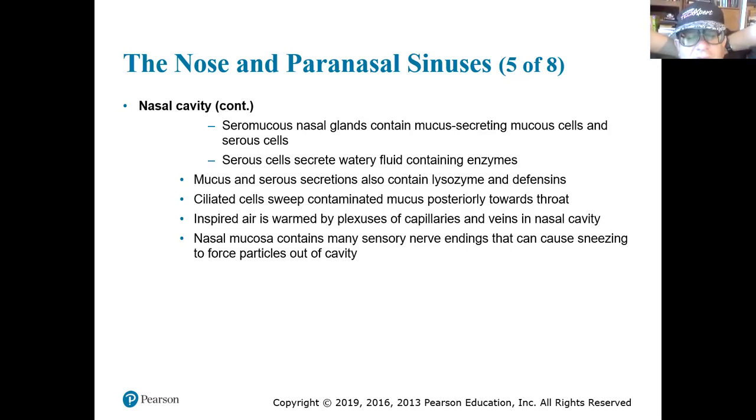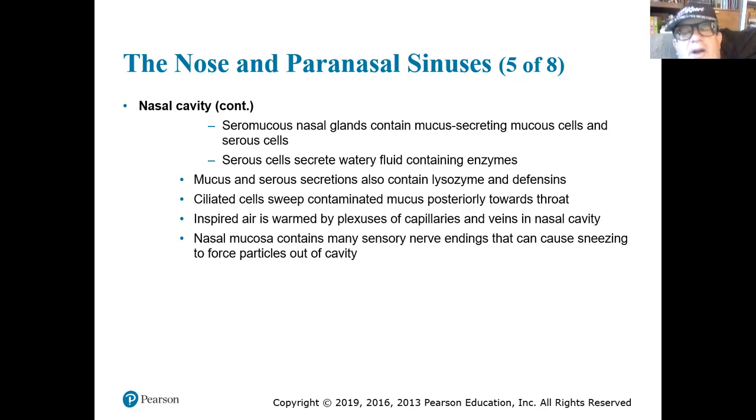The ciliated cells, it says, sweep contaminated mucus posteriorly toward the throat. Literally, you have cells passing the mucus to the back of the throat so you can swallow it down to the stomach and let the strong levels of hydrochloric acid destroy whatever was caught in the mucus.